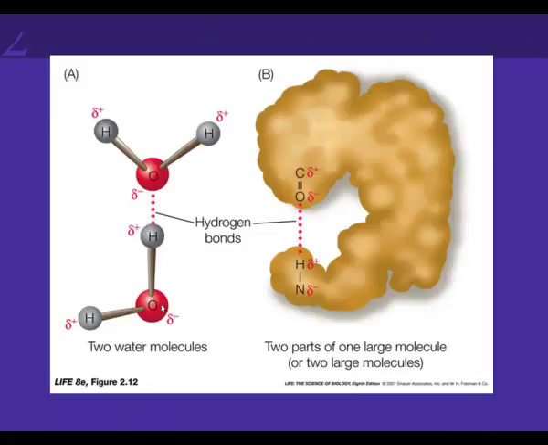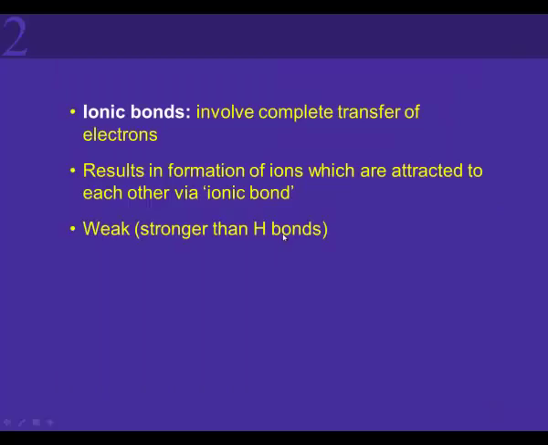Now I just want to stress here before we move on that even though we always use water for this example, it's very possible for hydrogen bonds to form in other molecules as well. For example, hydrogen bonds can form between two different parts of large molecules, like a protein.